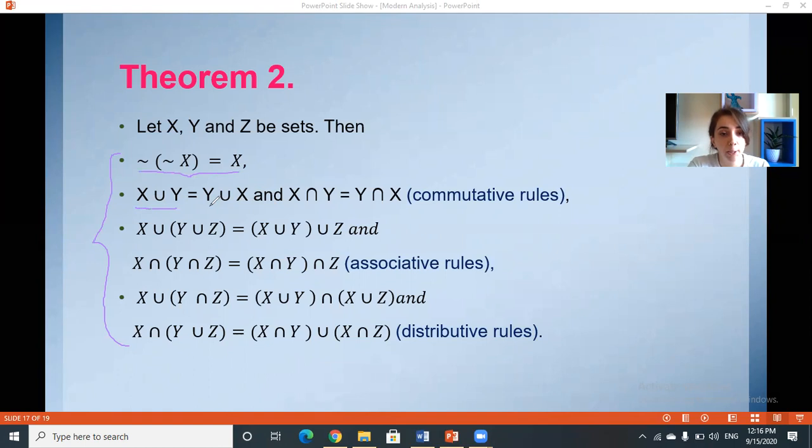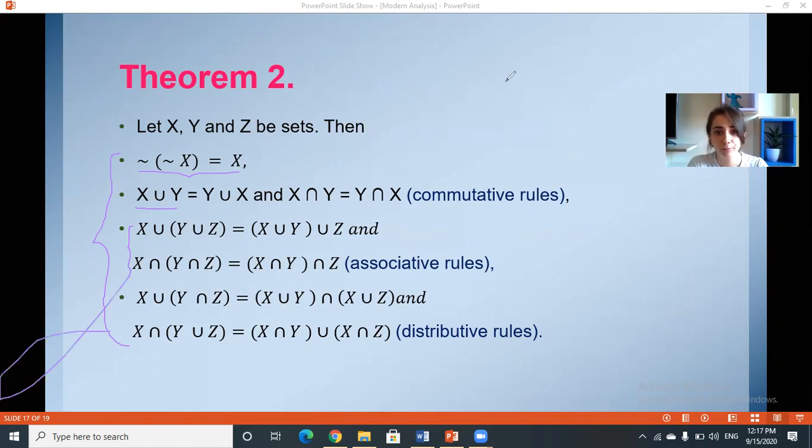The second, this is the associative rule, okay? If we group them two by two, it doesn't change the result, okay? And the third law is the distributive law. This is familiar from the multiplication rule, okay?